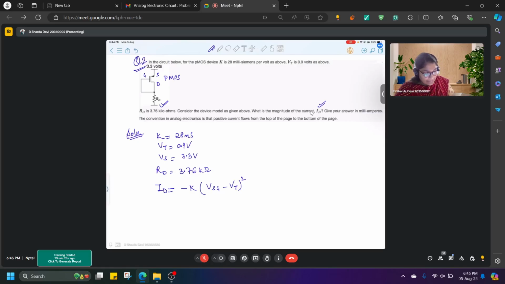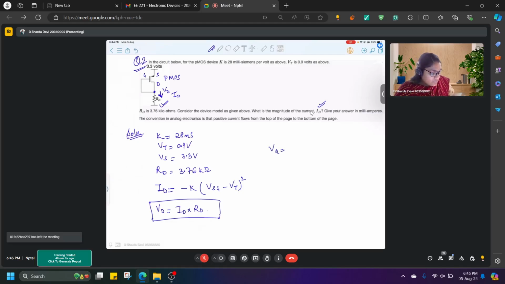Also, the same ID will flow through RD. The current flowing across the transistor is ID, and the same current flows through RD as ID.